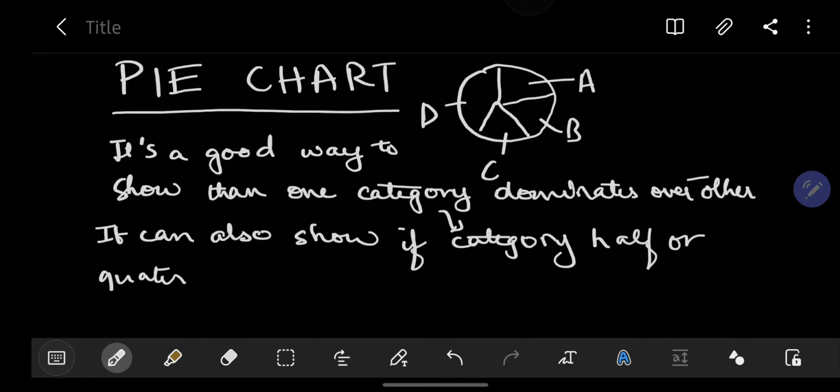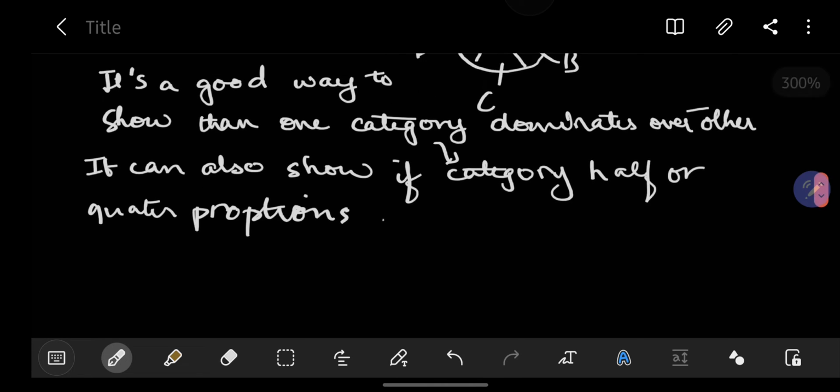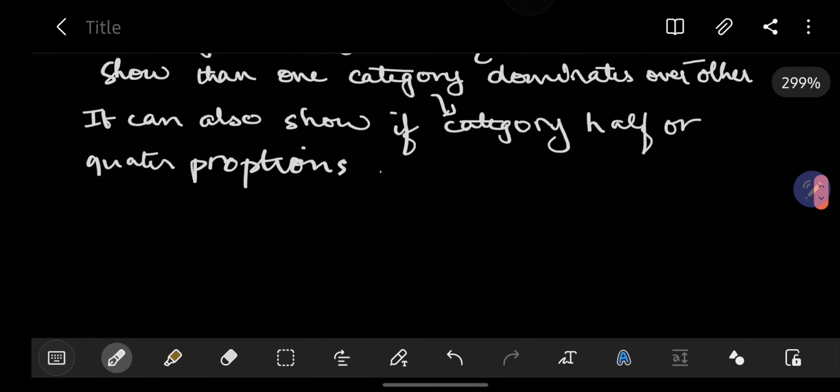You can just say it by observing the pie chart. So all in all, it's all about proportions. I hope you understood. Pie charts are used whenever we talk about proportions.